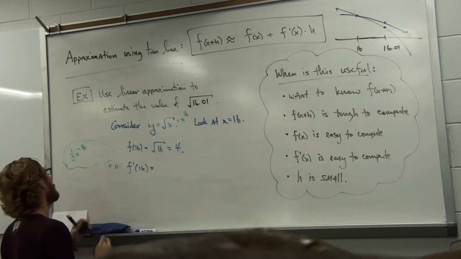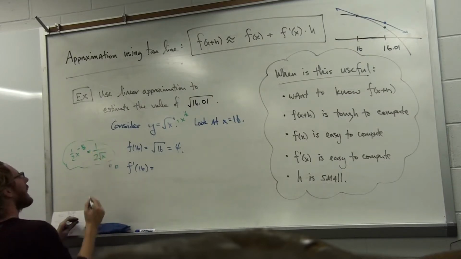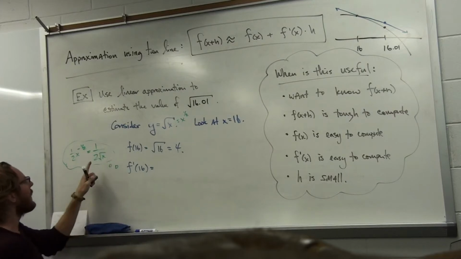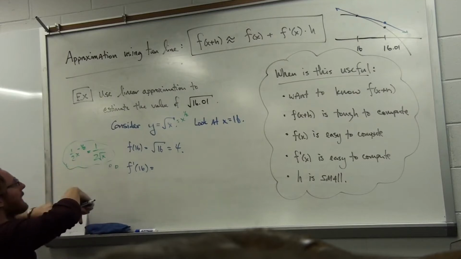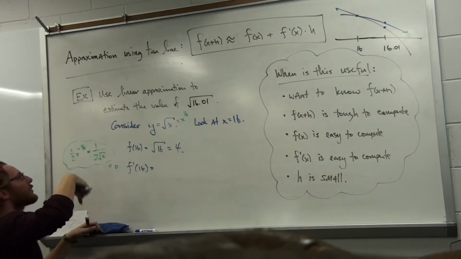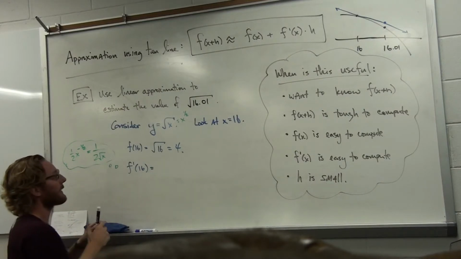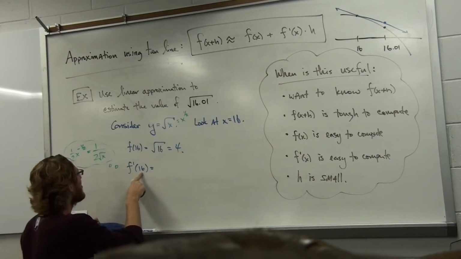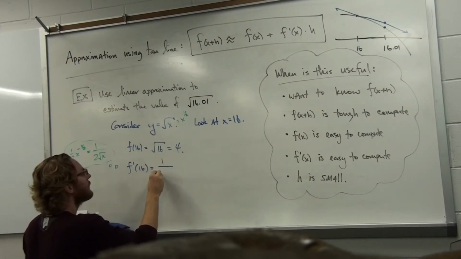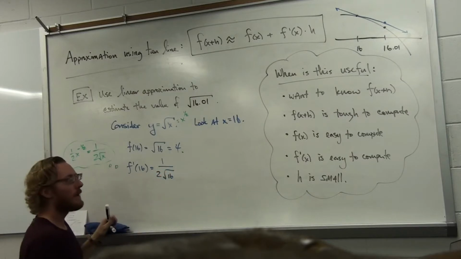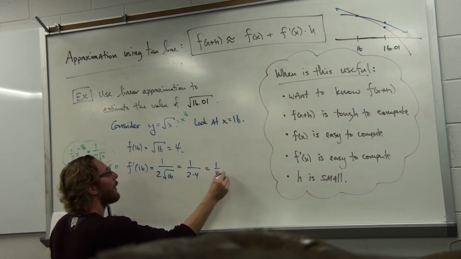Bring the 1/2 down, reduce the exponent by 1, which for simple computational purposes we can view as 1 over 2 square root x, because x to the minus 1/2 means a square root in the denominator. So f prime of 16 is going to be 1 over 2 square root 16, which is 1/2 times 4, which is 1/8.